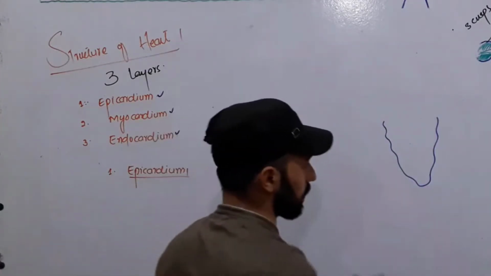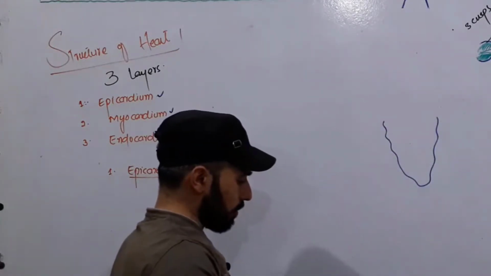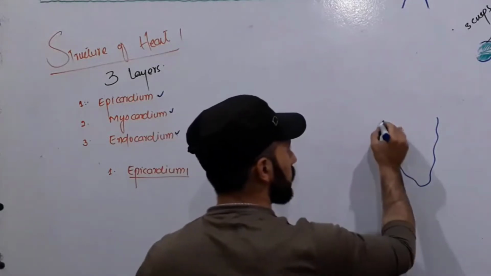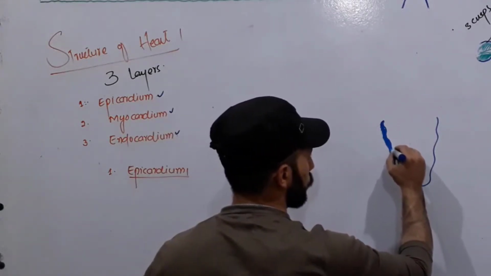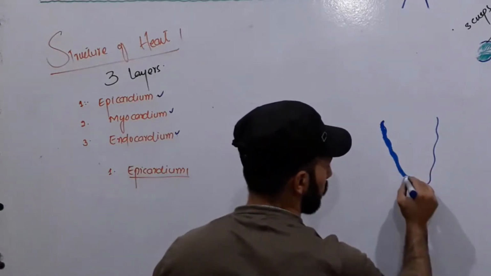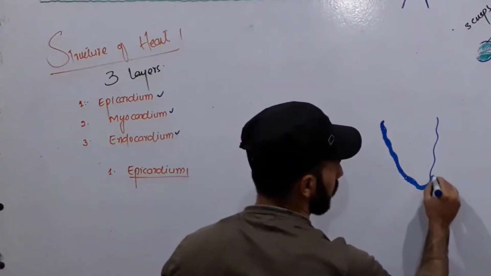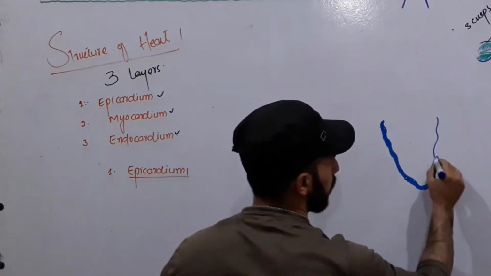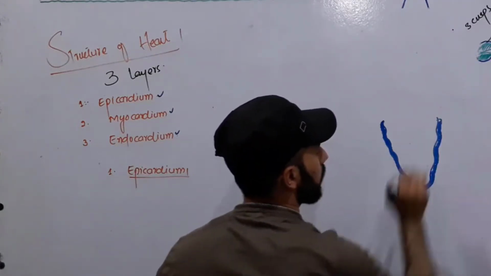This is our ventricle. If we see this ventricle, it is also cardiac tissue, so it must be composed of three layers. This is the innermost layer, the inner layer.